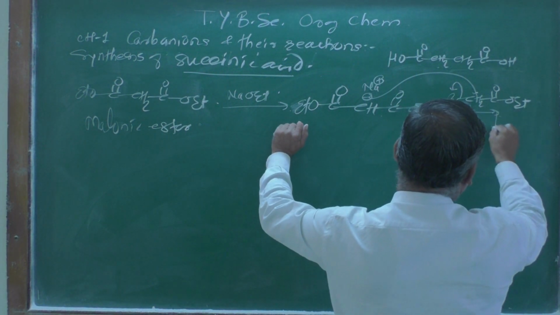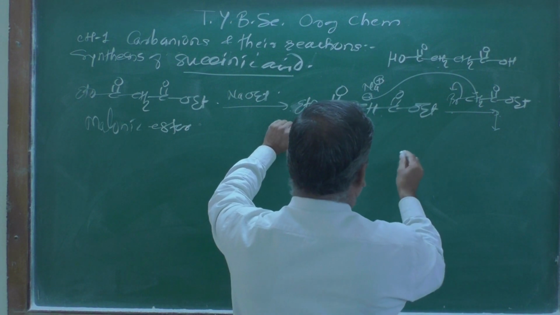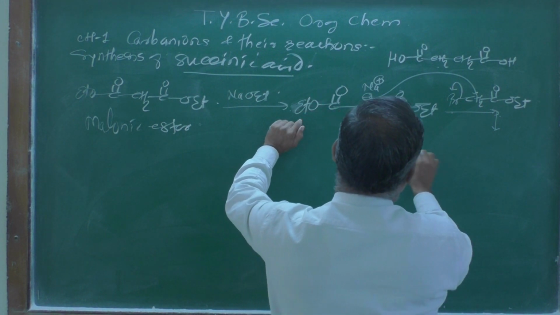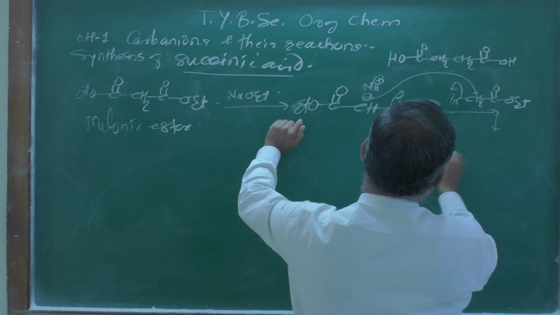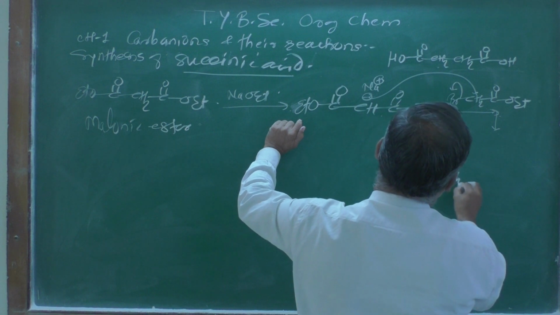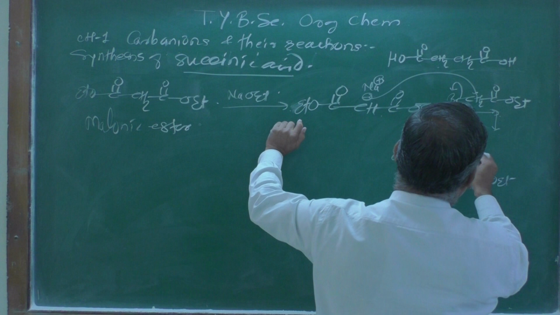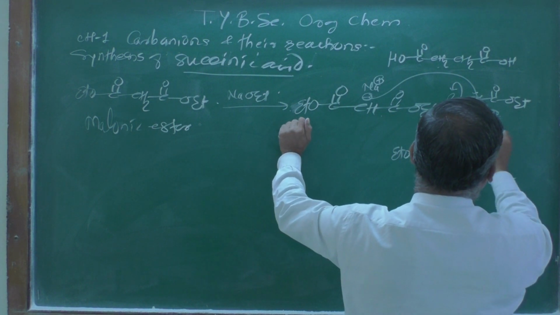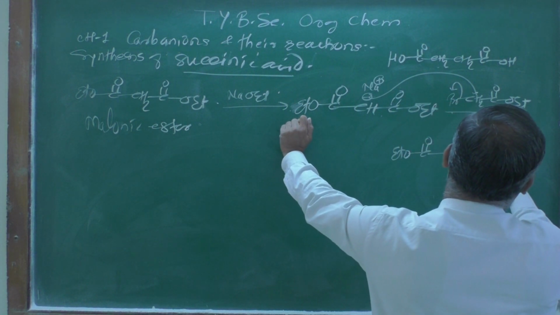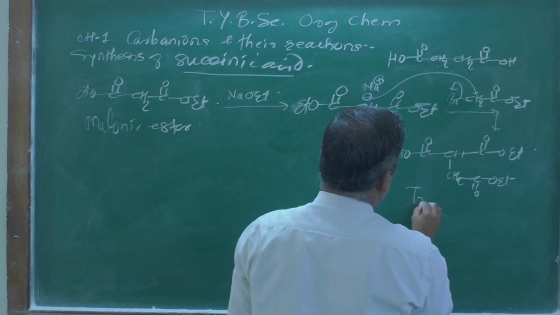You are going to get a triester: EtO, C double bond O, then CH, with CH2, C double bond O, OEt, and another C double bond O, OEt. This is called a triester.